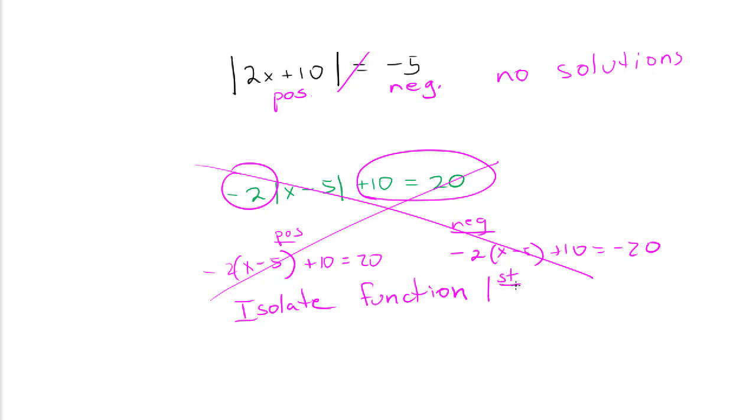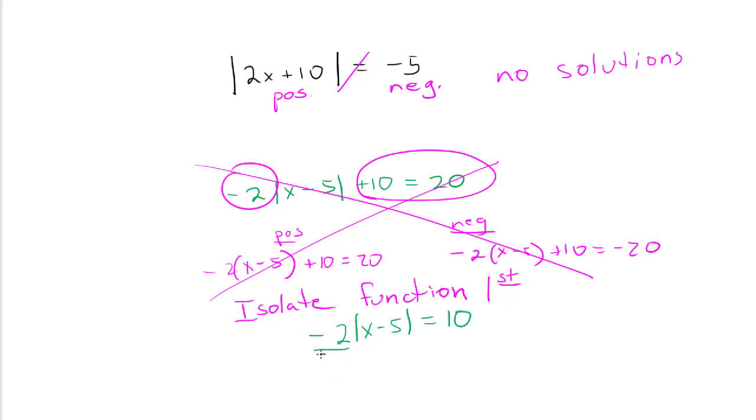As a general rule, whether your function is a square function, a trig function, or any other type of function, you probably want to isolate that function first and then try to undo it to then solve for the variable. So how would we work that in this case? First things first, I would subtract 10 from both sides. That would give me minus 2 times the absolute value of x minus 5 equals 10.